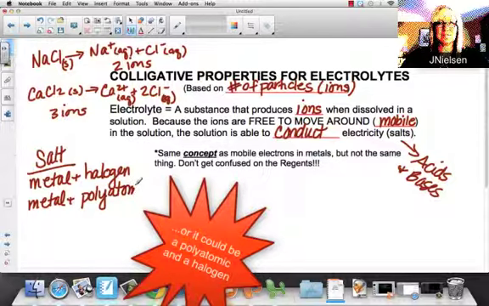So that's how you recognize a salt. It says it's the same concept as mobile electrons in metals, but not the same thing. Metals conduct because they have mobile electrons. Solutions that are acidic, basic, or salted conduct because they have mobile ions.